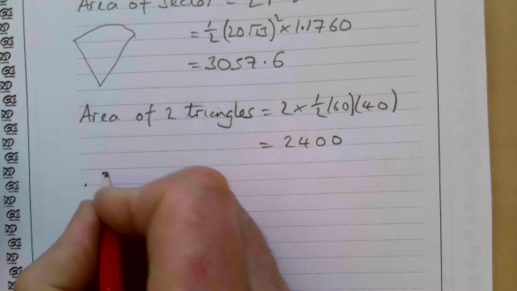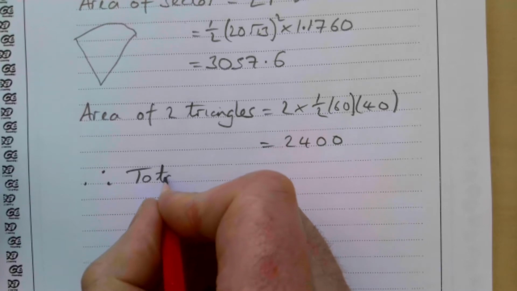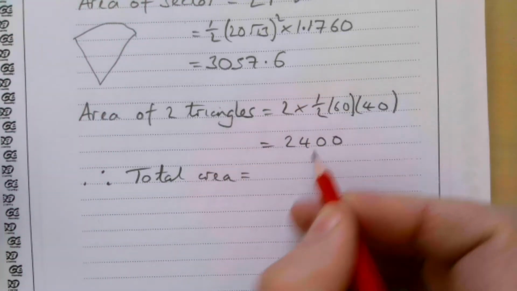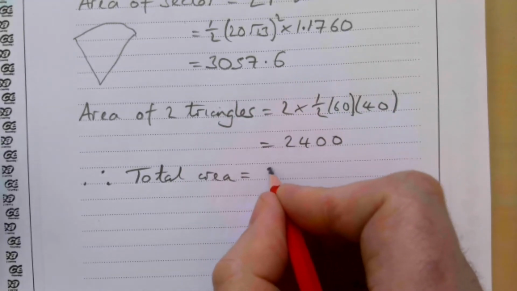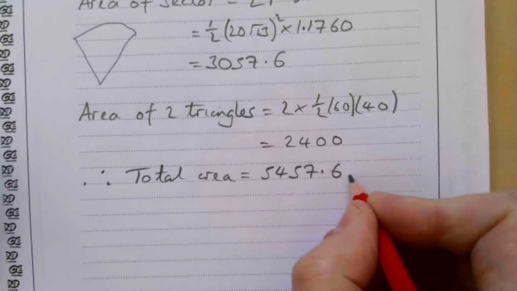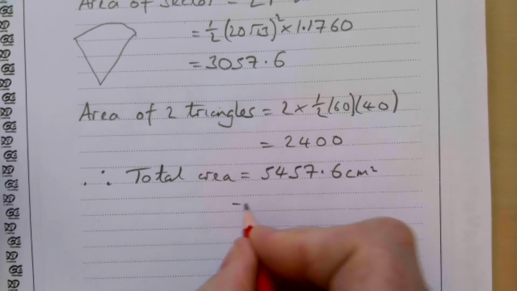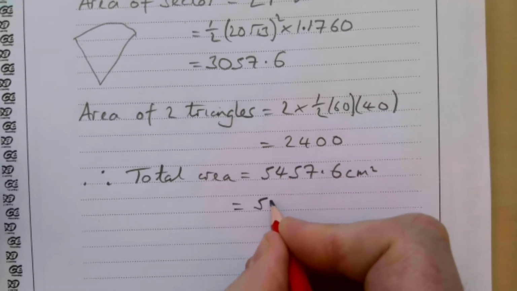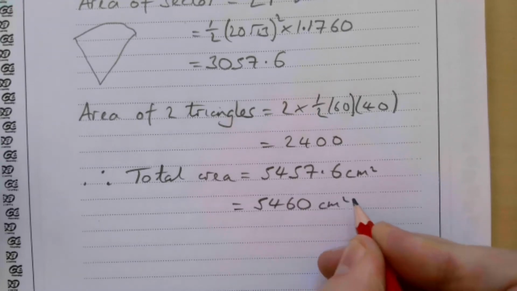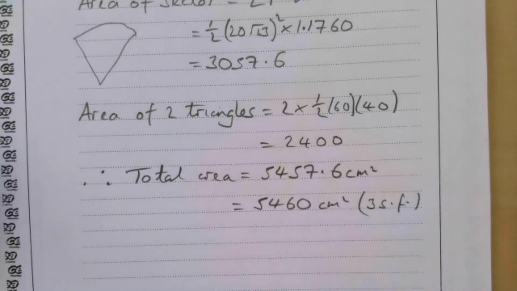So total area, adding these two then together, is 5457.6 centimeters squared. To three significant figures then, 5460 centimeters squared to 3 significant figures.